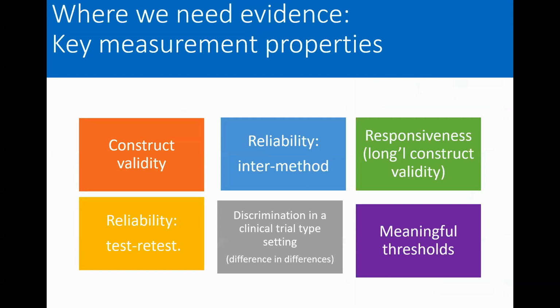And these are the measurement properties that we need evidence on: construct validity, reliability inter-method, which means things like between raters, between machines, responsiveness or longitudinal construct validity, test-retest reliability, discrimination in a clinical trial type of setting, so differences and differences, and then documentation of meaningful thresholds, be they benchmarks or minimally important differences.